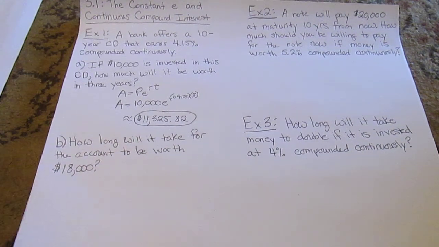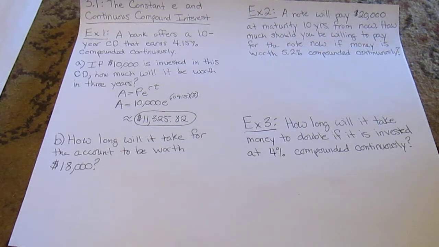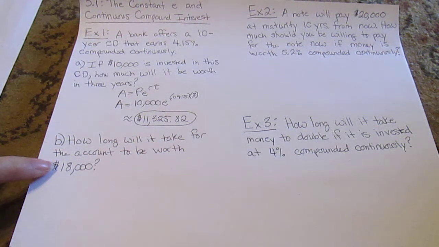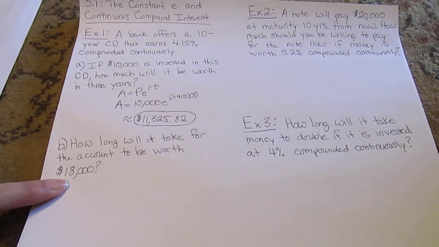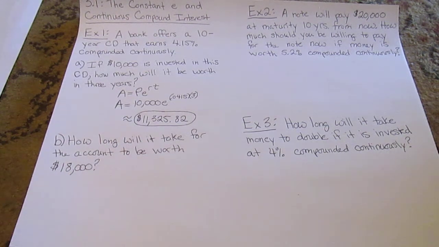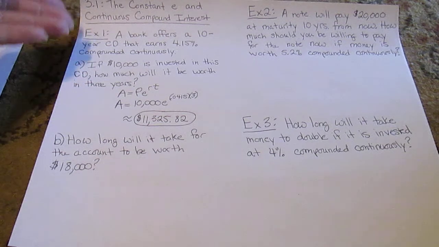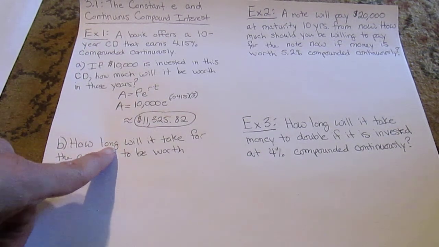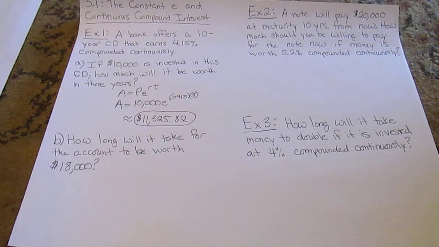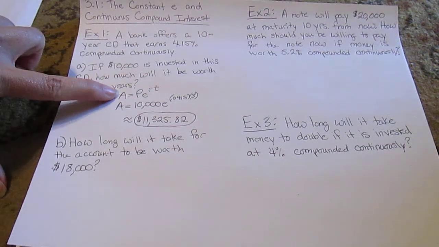All right, part B. How long will it take for the account to be worth $18,000? Well, this time they're telling us what the ending amount is, and we want to use all the information that they gave us, but we're looking for how long, so we're looking for the t this time. So let's go ahead and fill everything in.